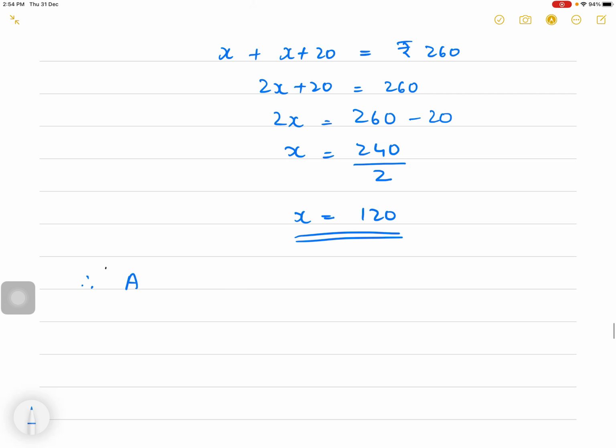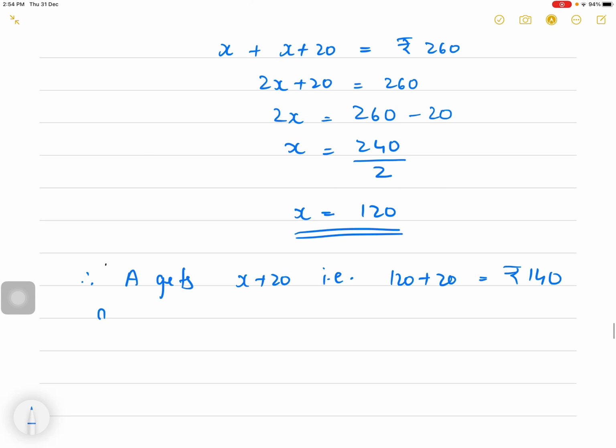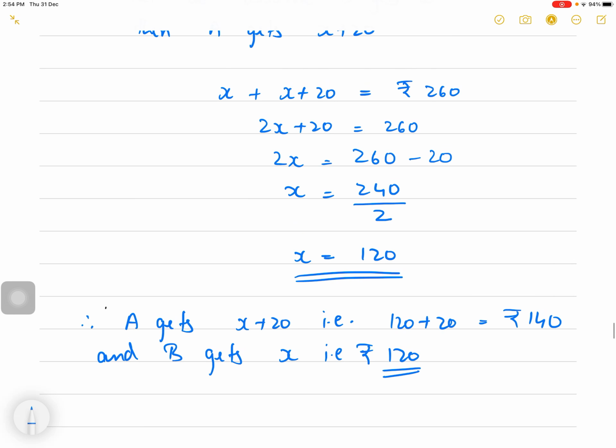Therefore, A gets x plus 20, that is 120 plus 20, which is equal to rupees 140, and B gets x, that is 120, rupees 120. Okay?